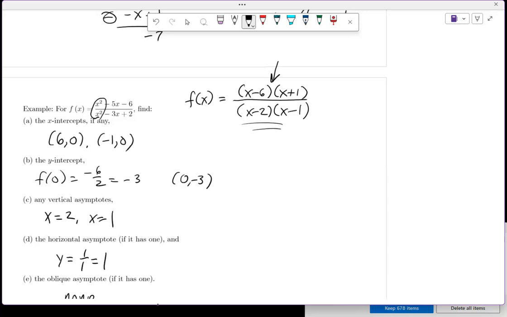If I put 1.5 into this first factor, do I get a positive number or a negative number? Negative, right? Over here you get negative, and here you get positive. So you got negative times a positive over negative times a positive. What do you get? Positive, right?